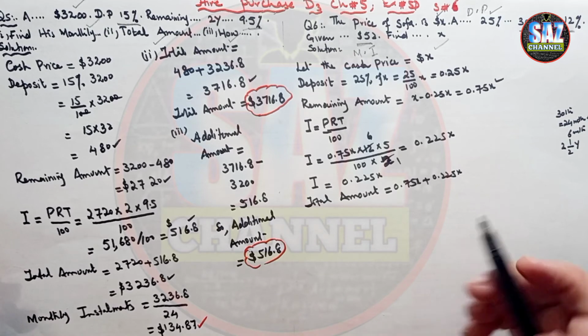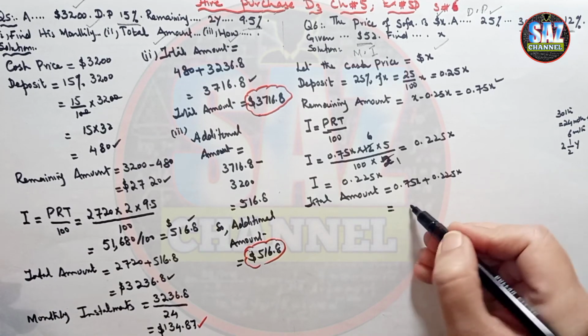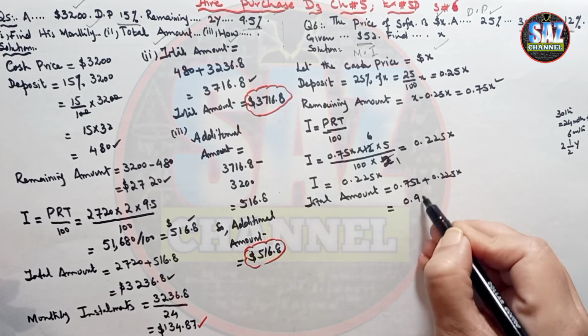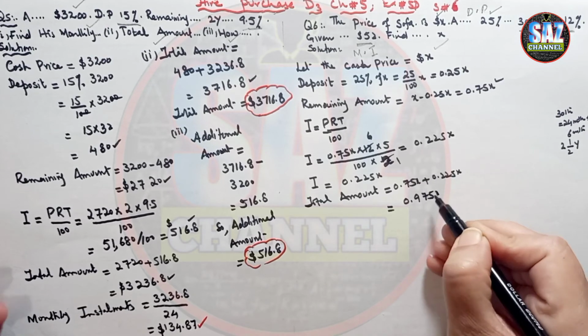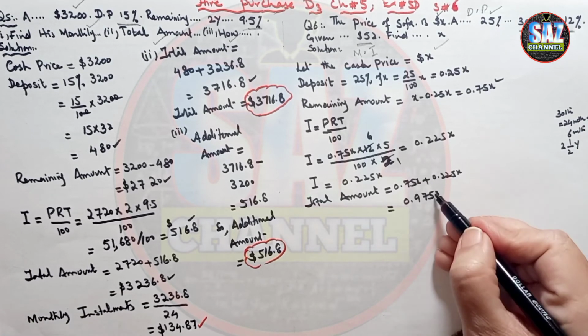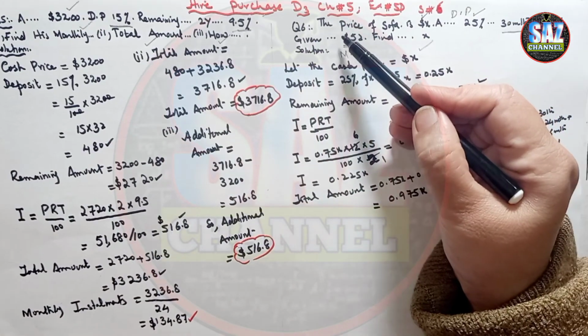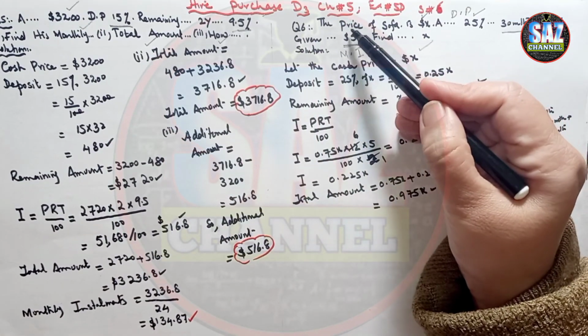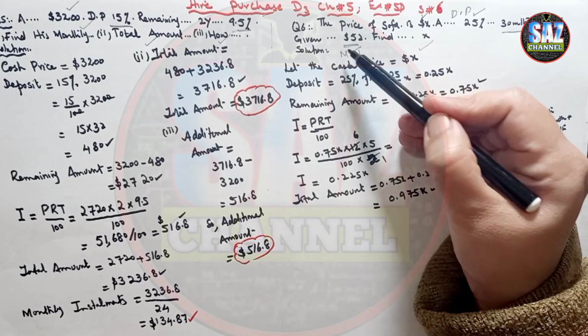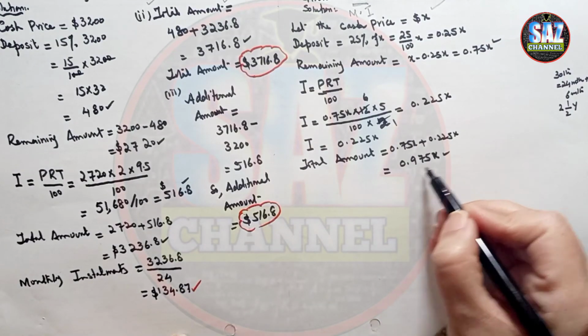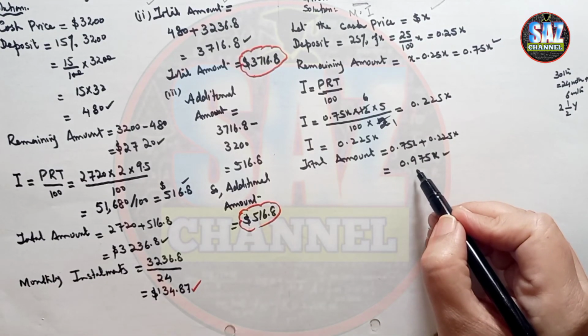This will give me 0.975x. 0.975x is the total amount that he still has to return to the shopkeeper. Now the period in which he has to return it is 30 months. Information is given that the monthly installment is $52. So we will be distributing this money over 30 months.